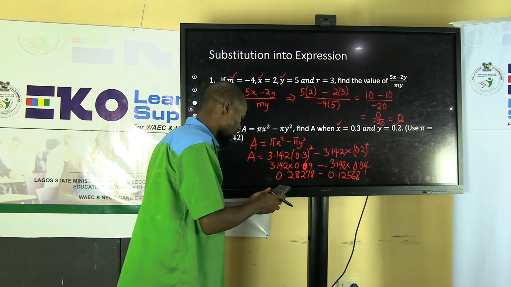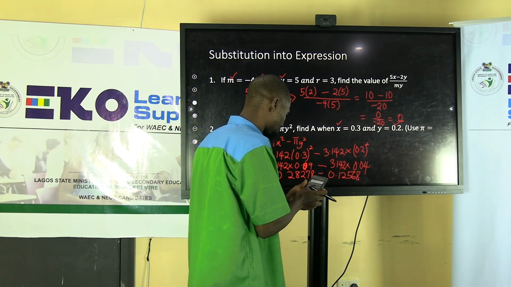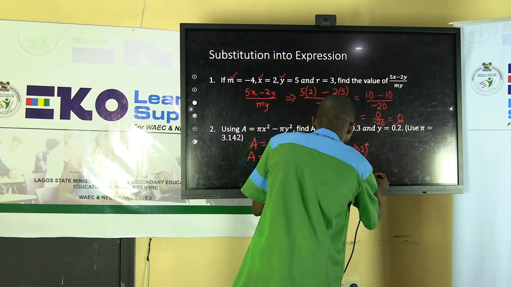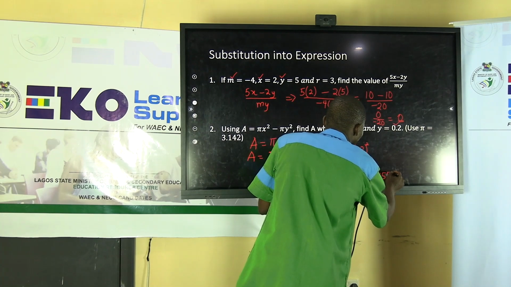So if you subtract 0.12568, the result is 0.1571.